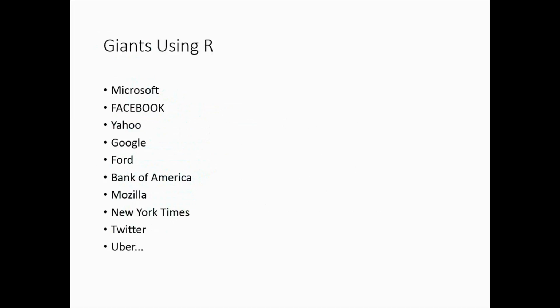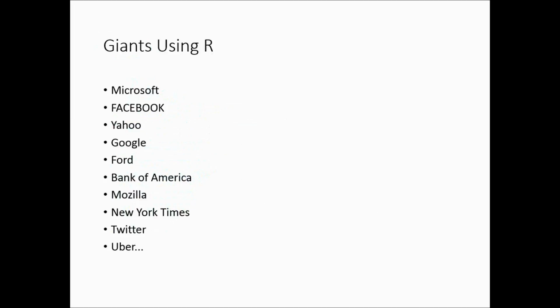Now if you look into this list of companies, there is also a specific meaning in the background. My main intention of having only these is that all these companies use a lot of data and create a lot of data, right?